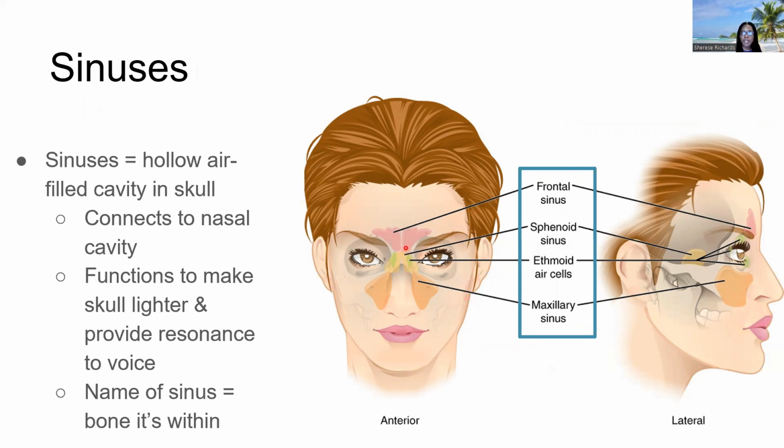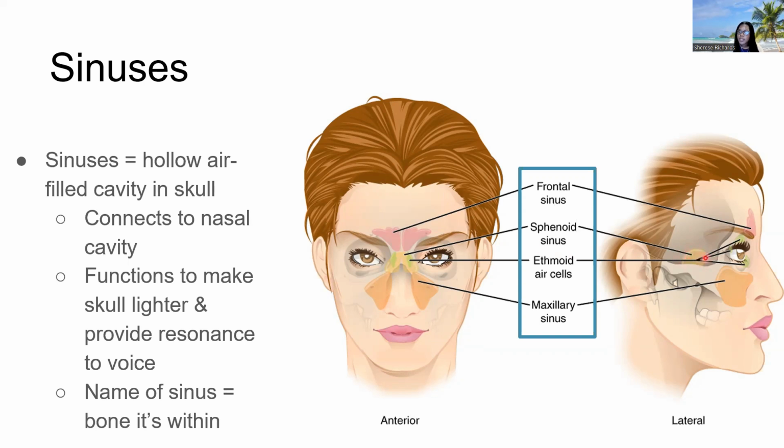And so we have the frontal sinuses, which are paired. We have the maxillary sinuses, which are in the cheek area or the maxillary region, also paired. We have the sphenoid sinus, which is deep within the skull. It's actually surrounding the pituitary fossa, or the hypophyseal fossa, where the pituitary gland is located.